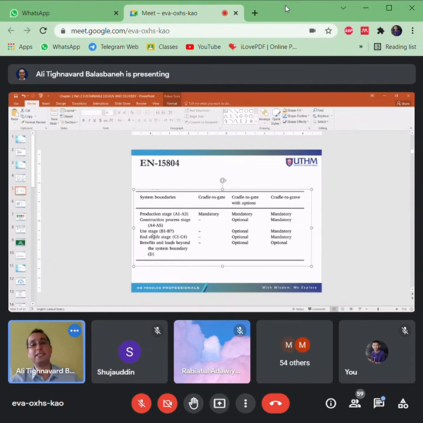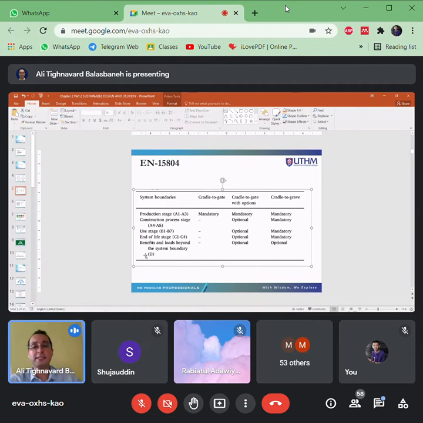Another stage is the use stage, B1 to B6. Okay, end of life also has four stages, C1, C2, C3, C4, and finally the benefit and load.